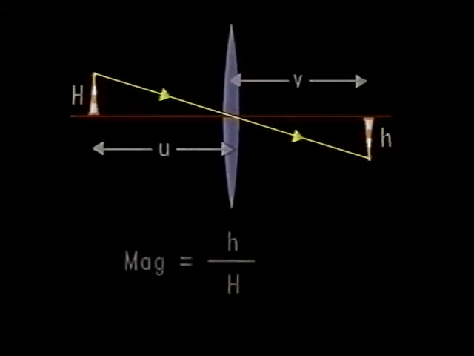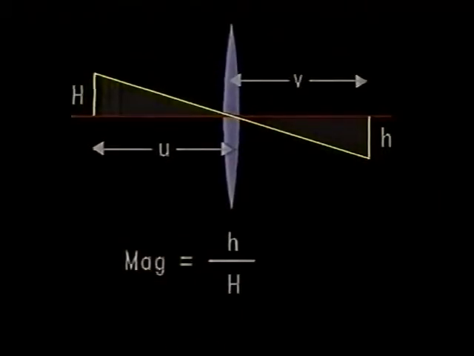That is, magnification equals little h divided by big H. But the two shaded triangles are similar triangles, so that little h over big H equals V over U. So an alternative measure of magnification is given by the ratio V over U. Hence the ratio of the image distance to the object distance is a measure of magnification.